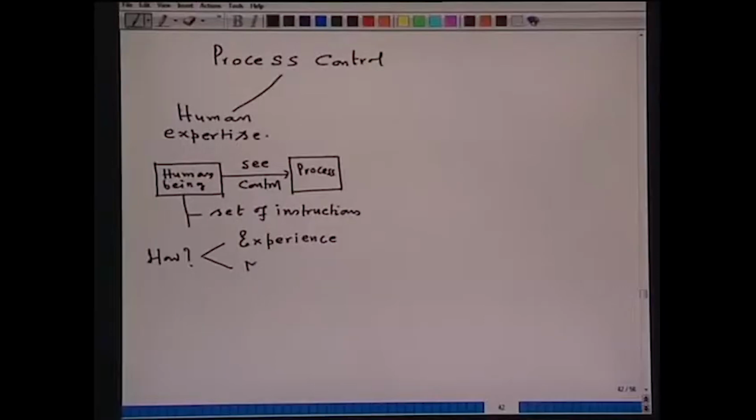Or one has to develop models, which are called static models. In a static model, we have an input and an output.